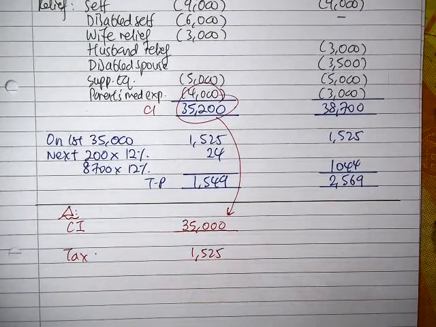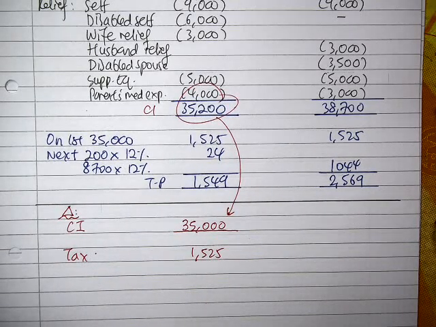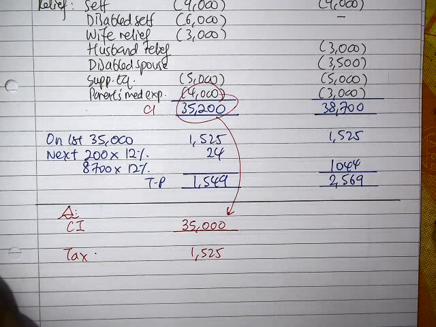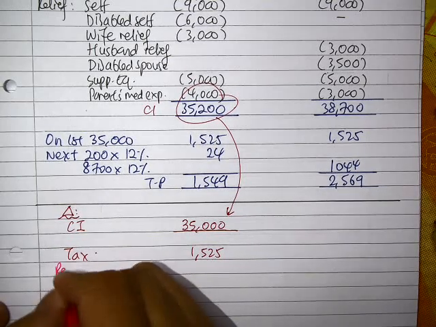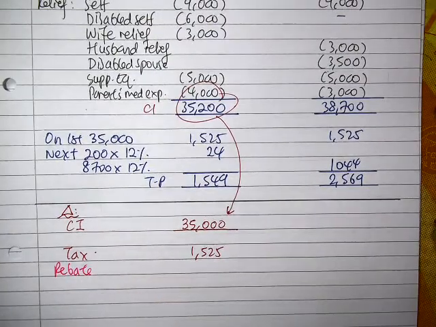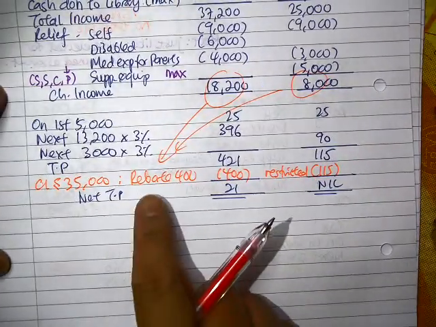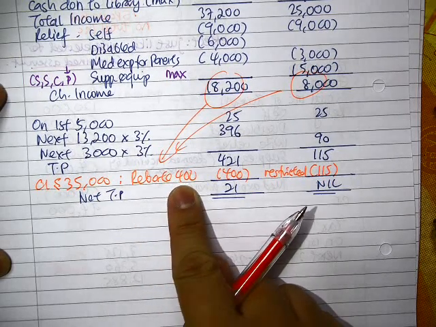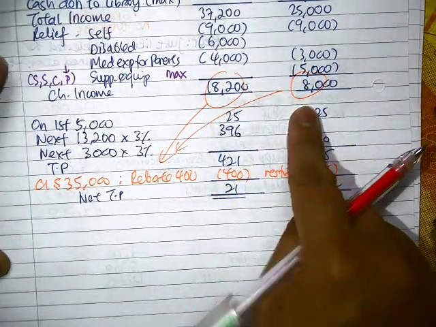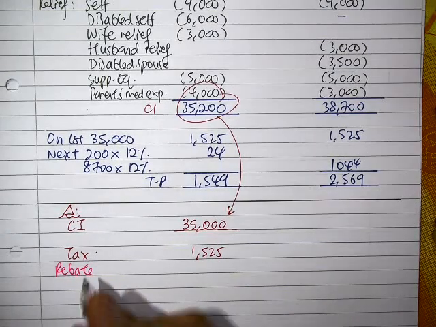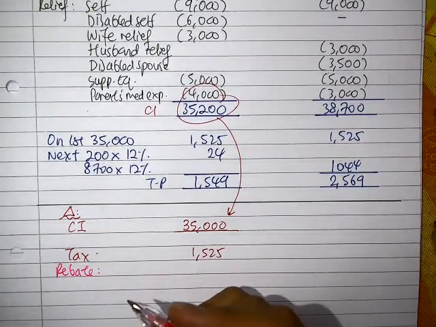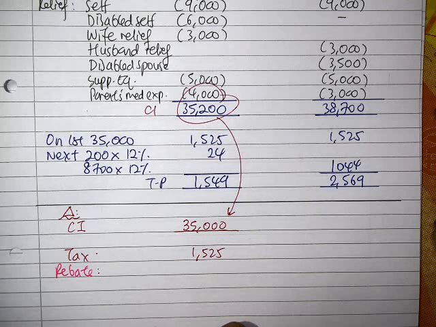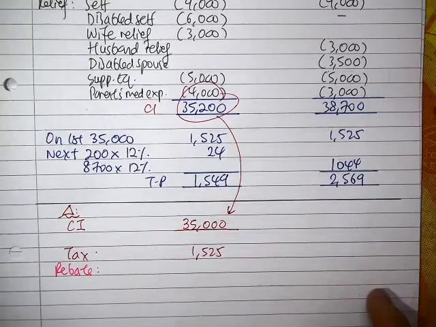Now that's it for this illustration, but before I end here, I just want to put a small illustration ahead of this. Now you know that if the chargeable income is not exceeding 35,000, you're going to get rebate. So I'm going to change the situation. Let's say the chargeable income is exactly 35,000.